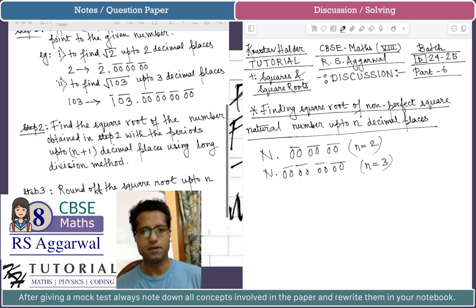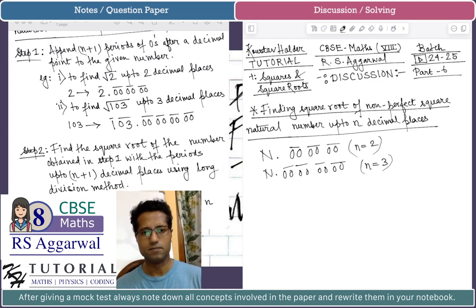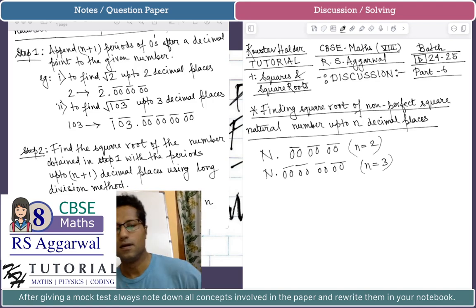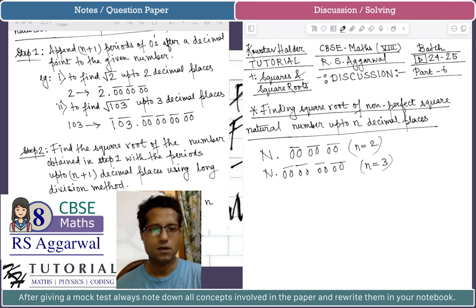You can see some examples. I have given 2 examples. If the given number is 2, we create 3 periods of zeros after the decimal point, and the digit 2 remains alone as a period.